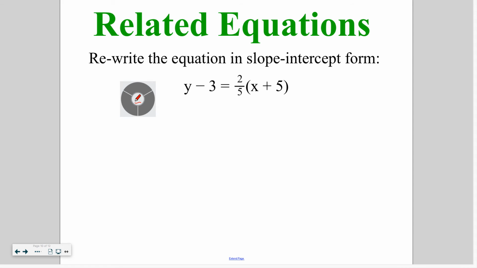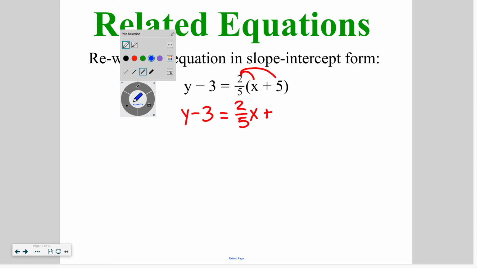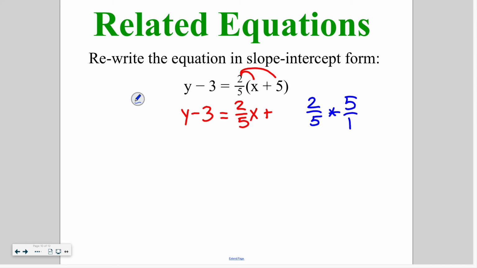Again, you are going to start by the distributive property. So I've got y minus 3 is equal to 2/5 times x, which is 2/5 x, plus, I'm going to do this off to the side, we've got 2/5 times 5, which is going to be 5 over 1.